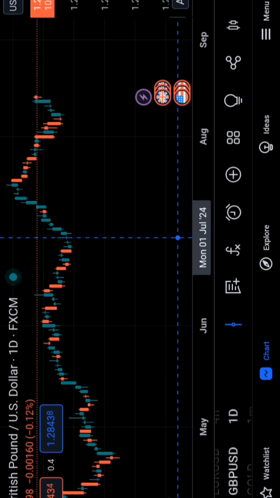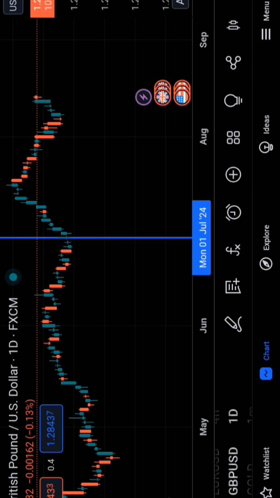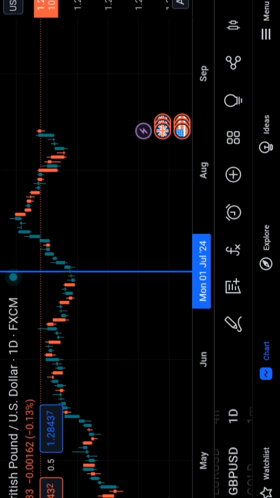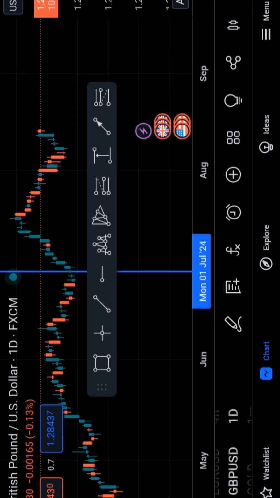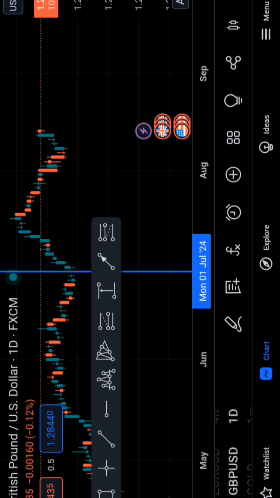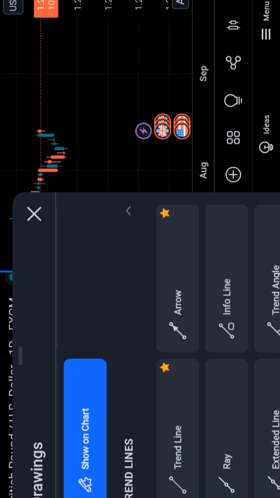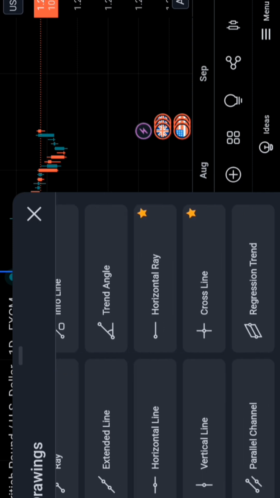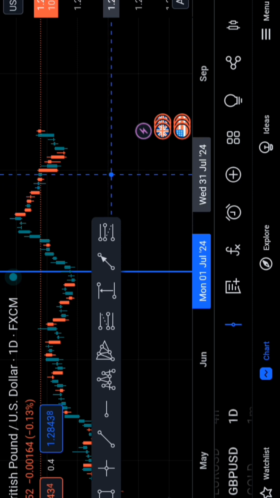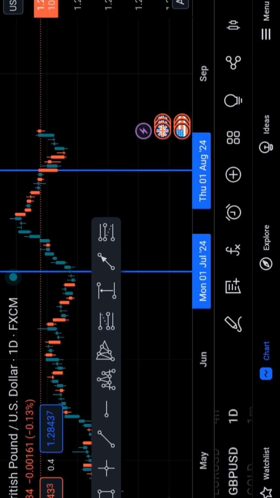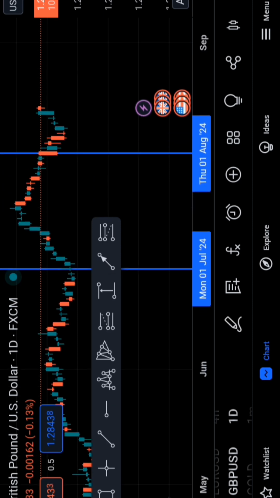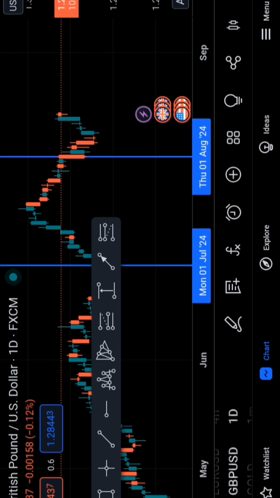Right here, that's where July starts and ends. So I'm backtesting the whole of July. We're going to backtest within this period.